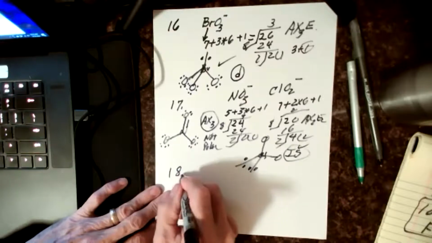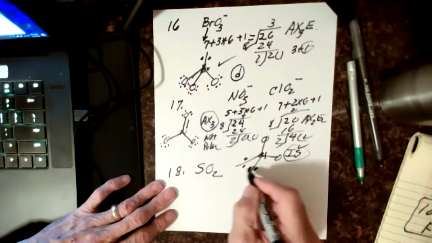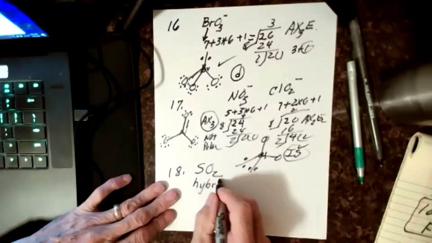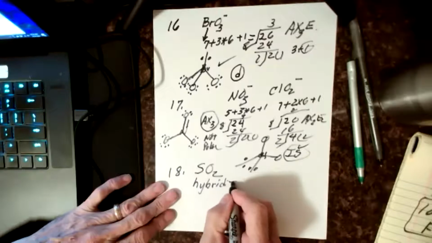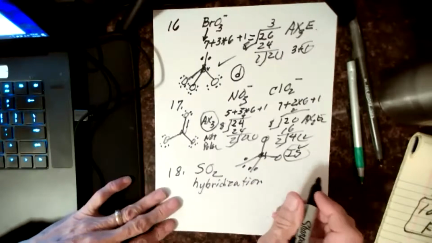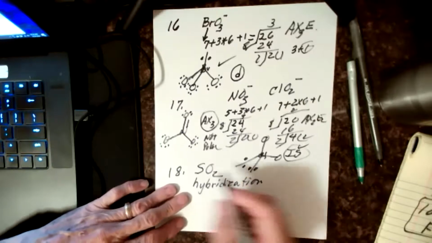This is number 18. We're given SO2, and we want to know the hybridization at the sulfur atom. What kind of hybrid orbitals do we use?